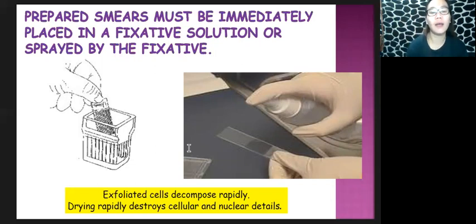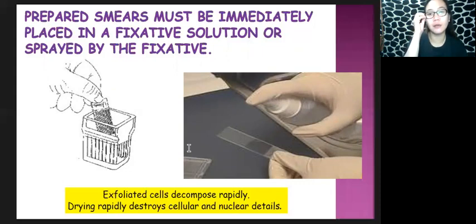Just like what I have mentioned, exfoliated cells decompose rapidly. And when your smears dry, this will worsen the decomposition of your cells.